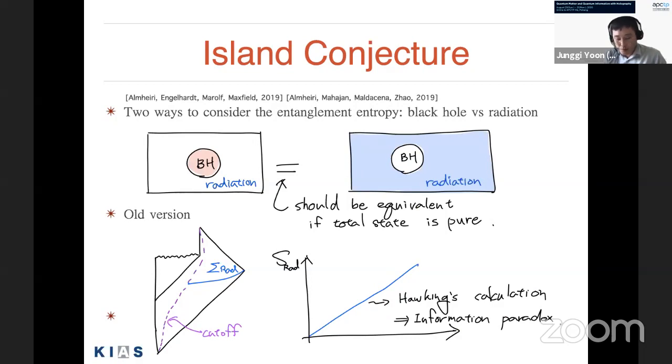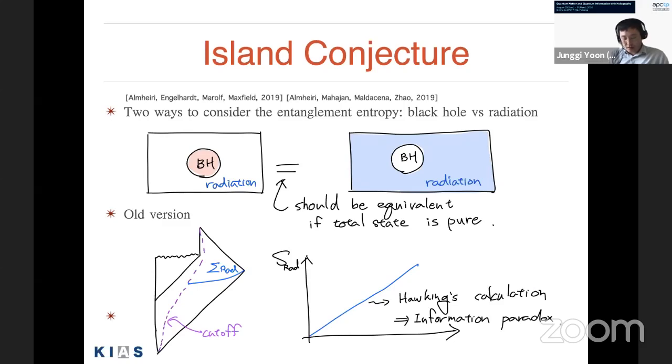If the total system, the black hole and the bath, the whole system is in a pure state, then it is a very well-known fact that the entanglement entropy should be the same. So they are equivalent. Some papers calculate the black hole entropy, some people calculate the entanglement entropy from the point of view of the radiation, but they are equivalent. In this talk, I will explain from the point of view of the radiation.